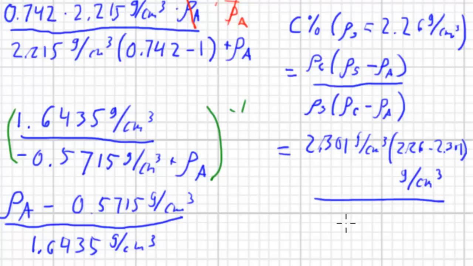All that gets divided by 2.26 grams per cubic centimeter. 2.301.